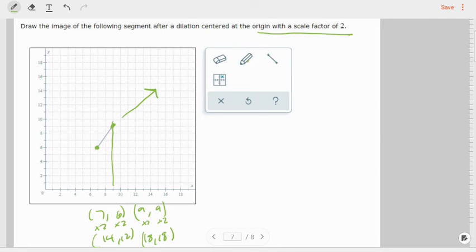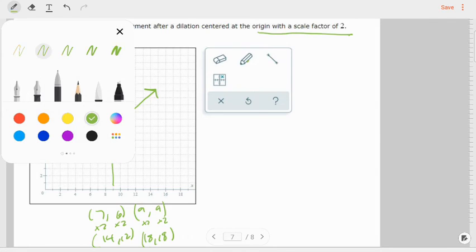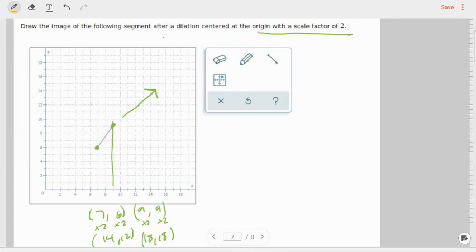So I'm going to plot those 2 points using my tool, and I'm going to erase that. And I have 14, 12, and 18, 18. So there's my picture, and it is 2 times longer.